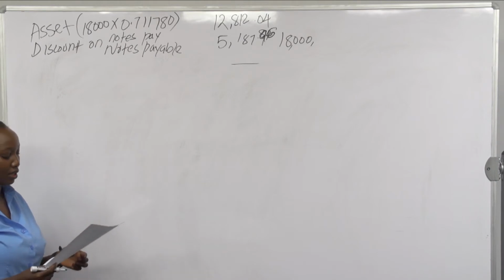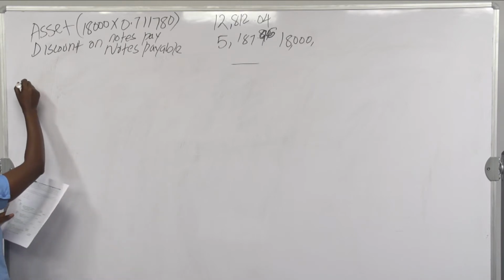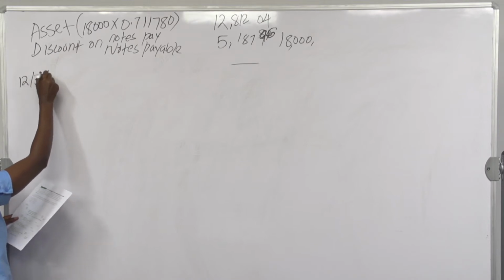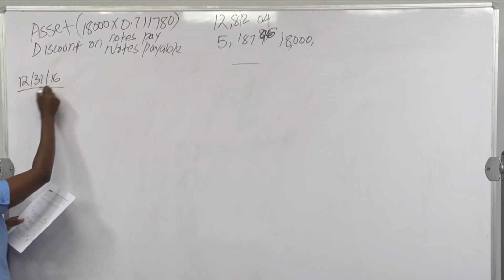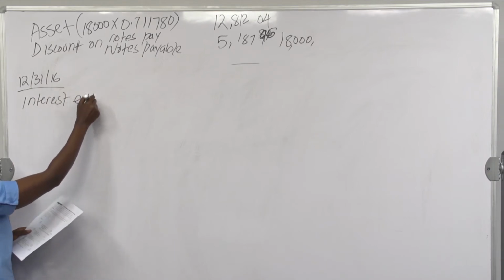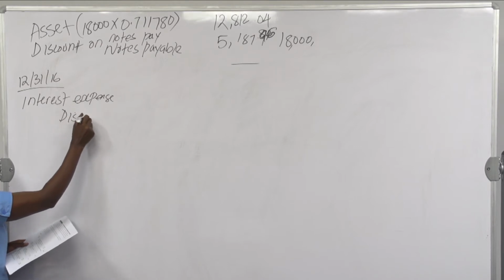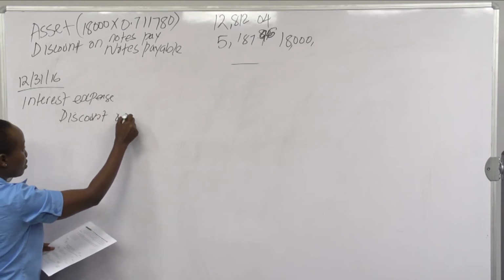With that, let's record the December 31st entry for the interest expense. Even though there is no payment because it's non-interest bearing, we still compute interest based on the 12%. So on December 31st, 2016, we'll have an interest expense, which will be our amortization for the discount on notes payable.